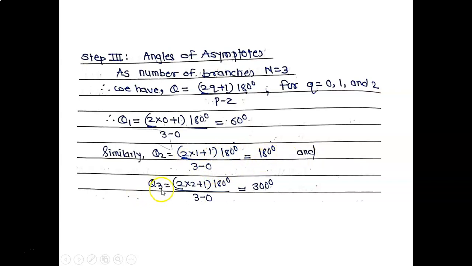And theta 3 is equal to (2 into 2 plus 1) into 180 degrees divided by (3 minus 0), which is equal to 300 degrees. Therefore, these three angles of asymptotes are 60 degrees, 180 degrees and 300 degrees. We have to plot these angles of asymptotes through the centroid. Therefore, the next step is to calculate the centroid sigma.